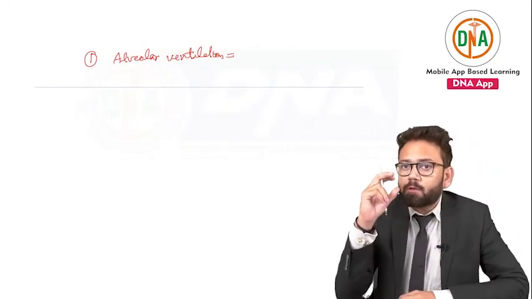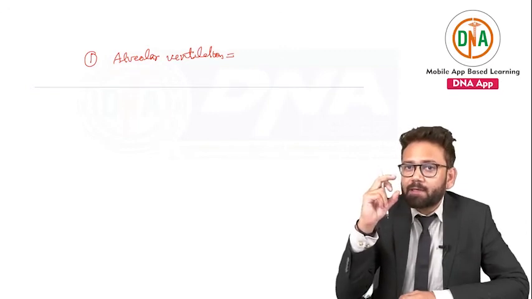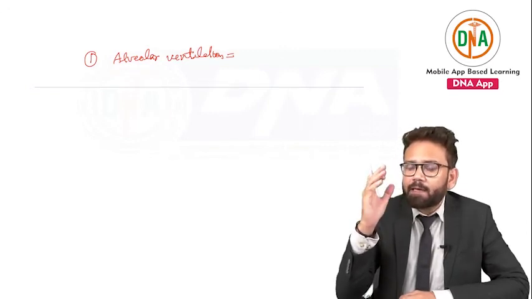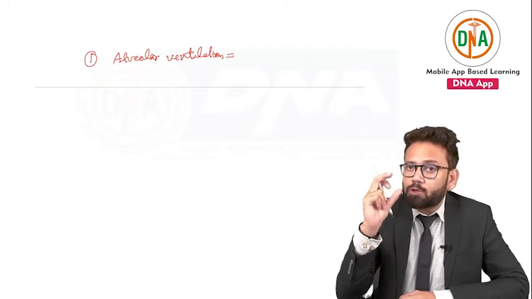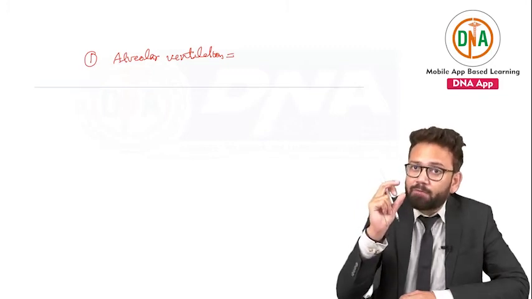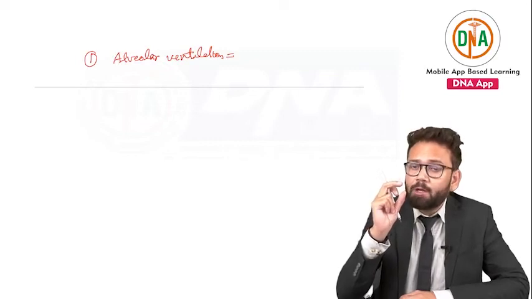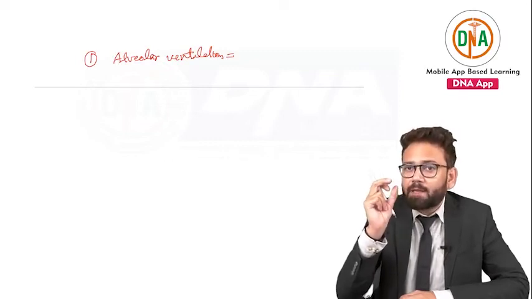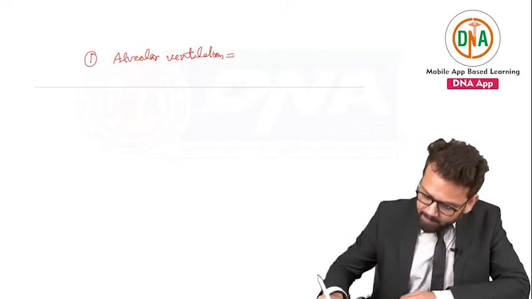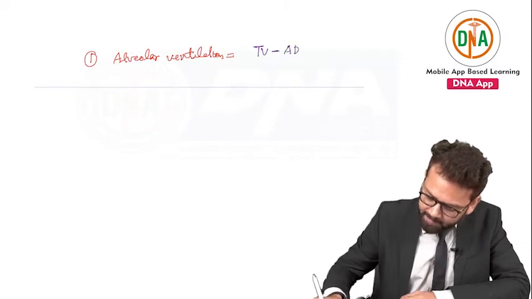As we know, there is anatomical dead space which is not taking part in gaseous exchange, so that amount of air does not participate. If you want to calculate the amount of alveolar ventilation, you have to subtract the anatomical dead space from the tidal volume. So it is tidal volume minus anatomical dead space, into the rate of respiration.